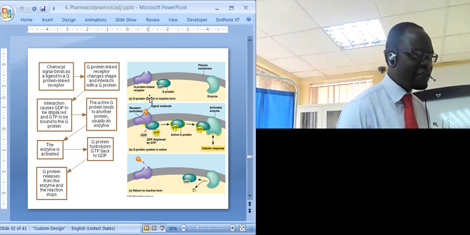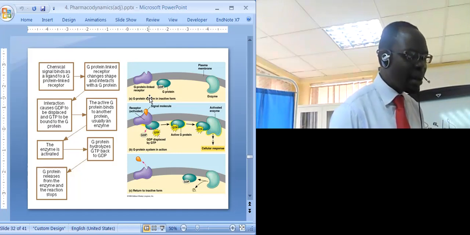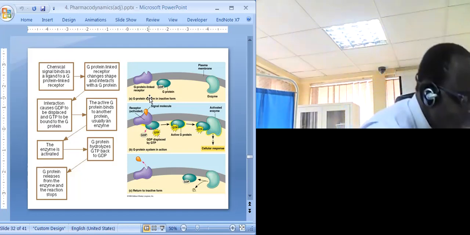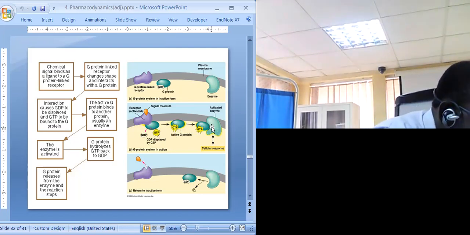So the active G protein then binds to another protein, usually an enzyme. As you can see here, because of the reaction we have an extra phosphate, giving us GTP, or guanosine triphosphate, which binds to the enzyme.